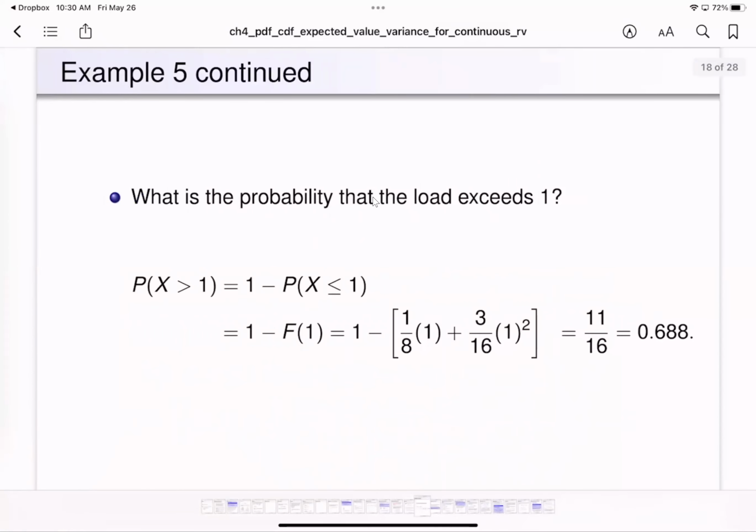For X greater than 1, greater than is not directly inside the CDF, so we use 1 minus the probability of less than or equal to 1. And for less than or equal to 1, that's simply the CDF evaluated at 1.